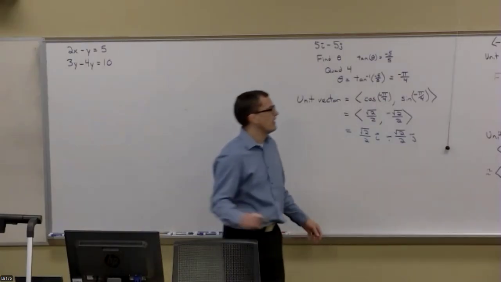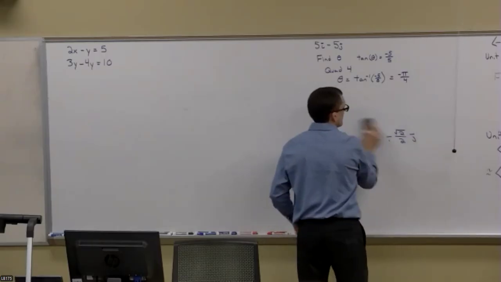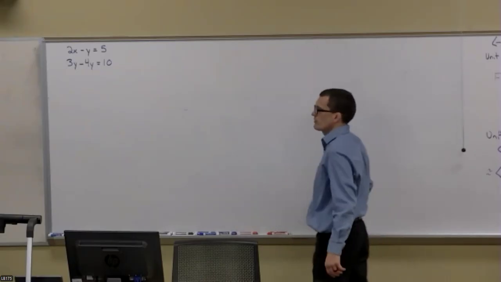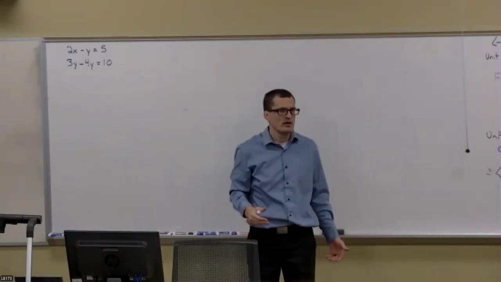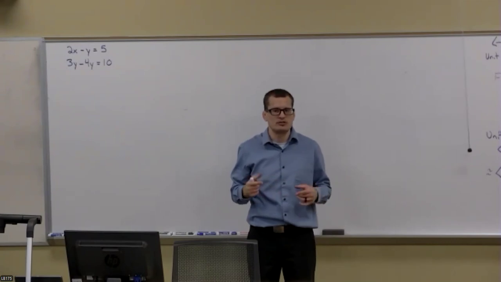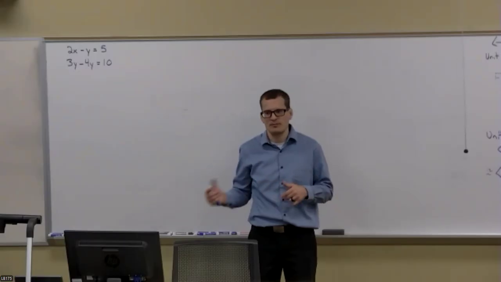Now, since we all have a graphing calculator, we can graph these two equations so long as we can put it into our graphing calculator. Putting this into our graphing calculator requires us to solve each equation for y. In other words, I need to get y equals something.